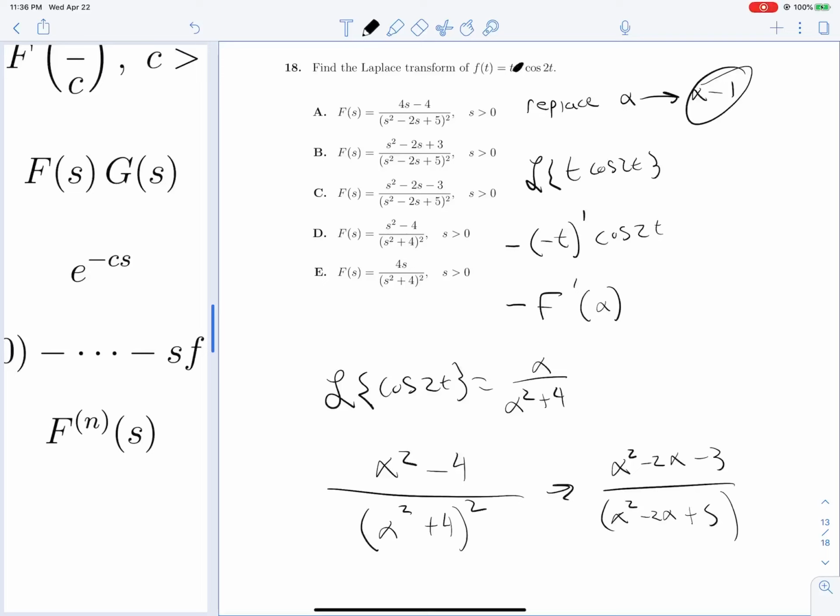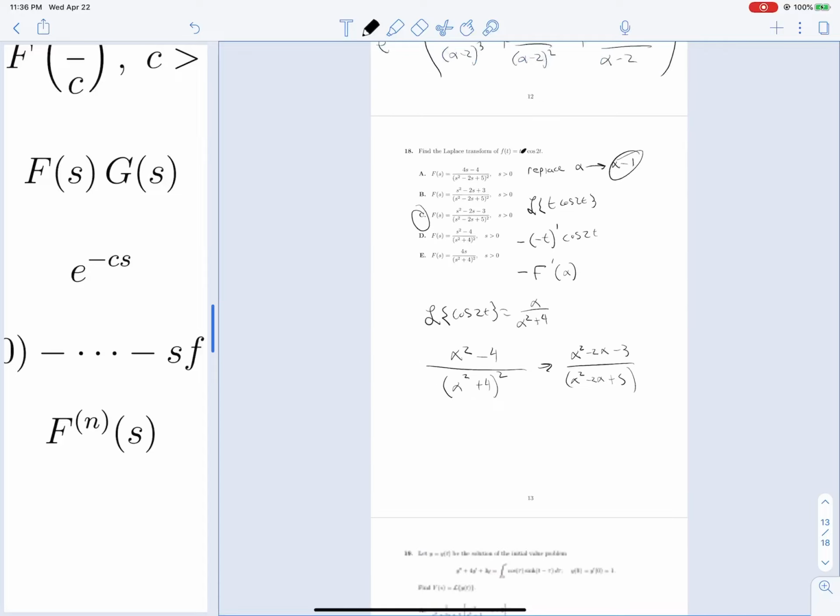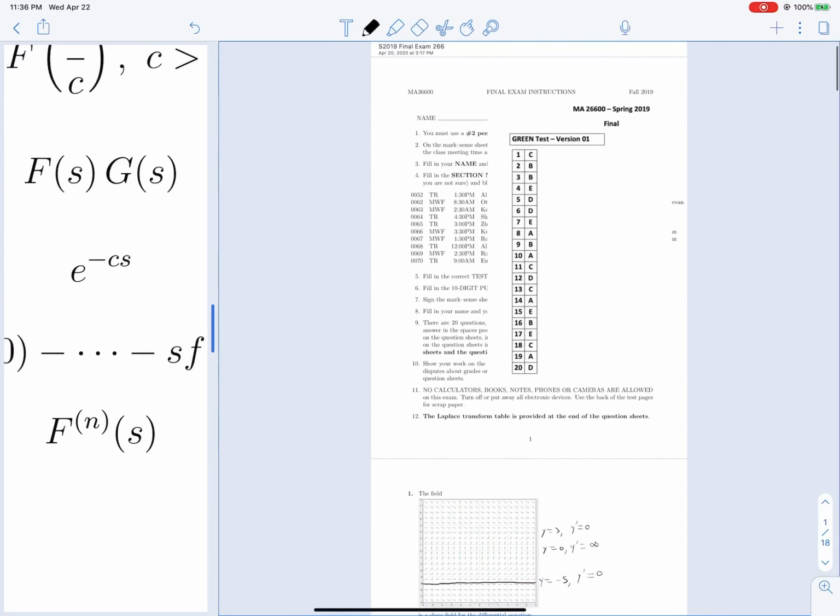Okay, and that lands us on our correct answer? No, negative 3. There we go. Negative 3 on the numerator is correct, so 18 should be C.